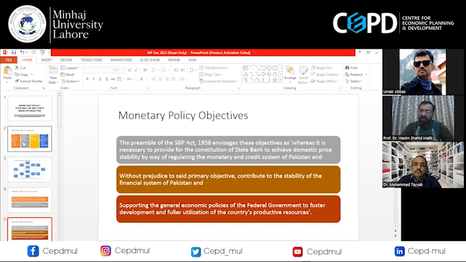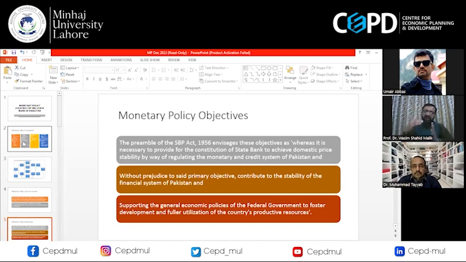So the only objective, or the first objective, the prime objective according to the Central Bank Act, is price stability. Price stability is the prime objective of monetary policy in Pakistan, according to the amended SBP Act 1956.